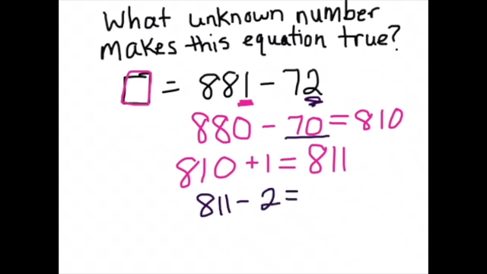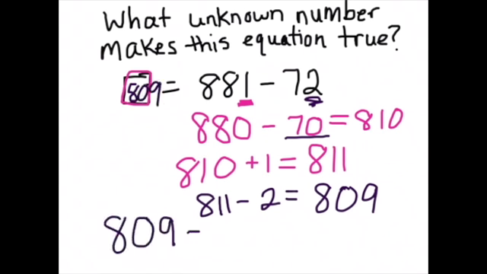So 811 minus 2. Well, I know 11 minus 2, and that's 9, so it must be 809. So our unknown is 809, or that would look like 809 equals 881 minus 72.